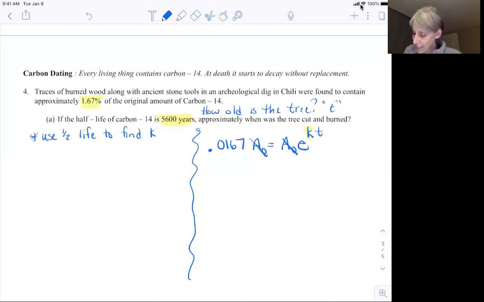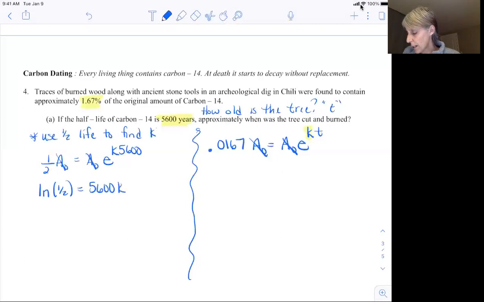Remember, half-life means how long it takes for half of the original amount to be remaining. In this case, it takes 5,600 years. So ln of 1/2 is equal to 5,600 K ln of e. ln of e is 1. Our K, or our decay rate, is ln of 1/2 divided by 5,600.